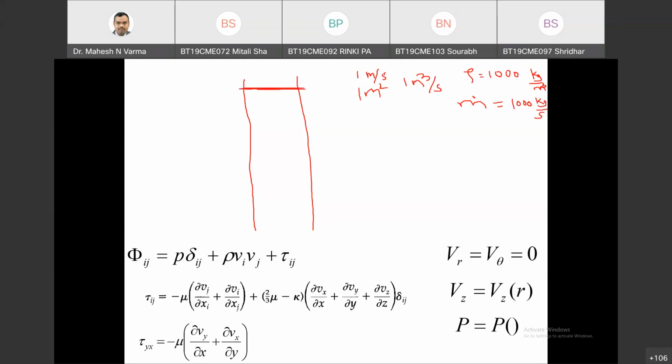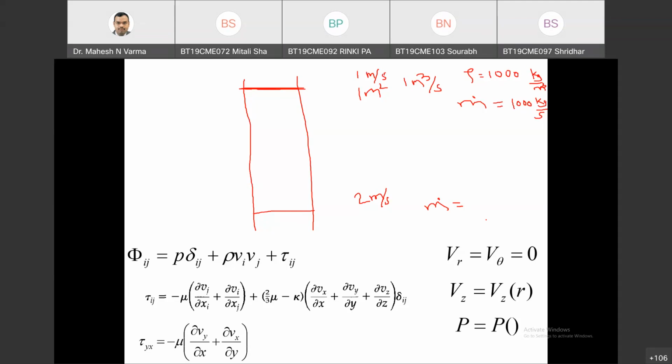Okay. Now you are telling that velocity will increase. Yes, sir. Say here velocity is 2 meter per second. What will be the mass flow rate here? It will still be 1000 kg per second, because only 1000 kg of water is going through that area.